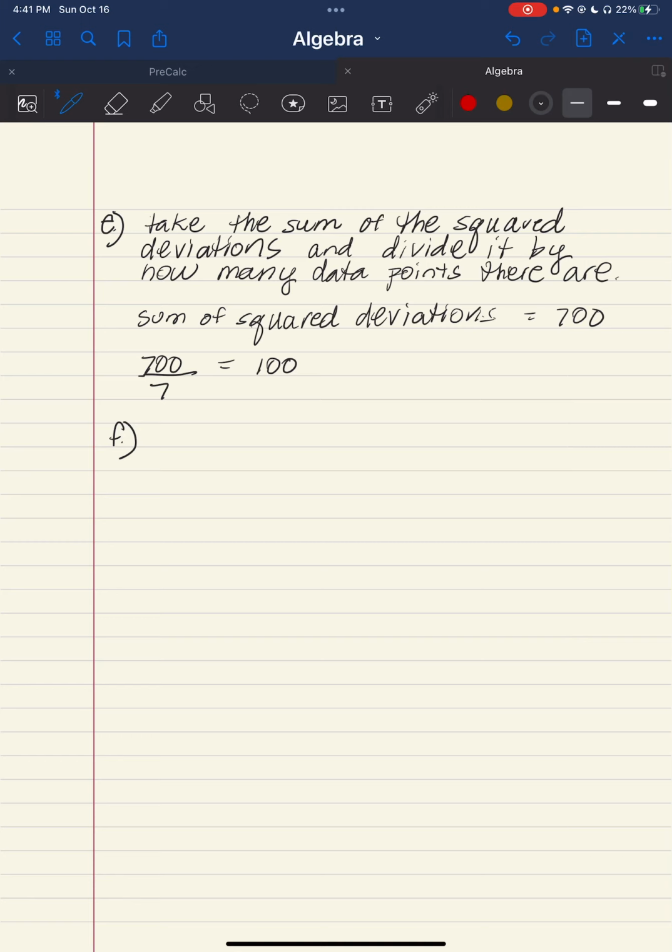Hopefully you remember undoing a square requires you to take the square root. So we are going to take the square root of our answer from part E.